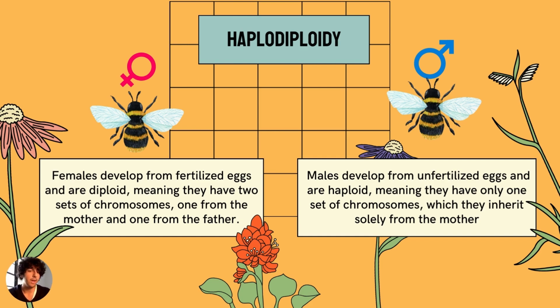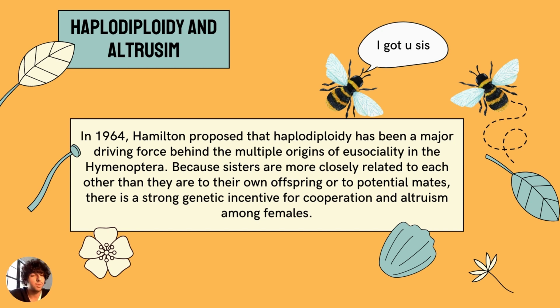In the case of bees, the females develop from fertilized eggs and are diploid, meaning they have two sets of chromosomes, one from their mother and one from their father, while males develop from unfertilized eggs and are haploid, meaning they only have one set of chromosomes, inherited solely from their mother. In 1964, Hamilton proposed that haplodiploidy has been a major driving force behind the multiple origins of eusociality in the Hymenoptera, in this case the bees.